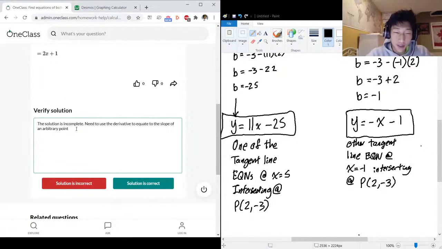Yeah, for the slope of an arbitrary point and point 2, -3.